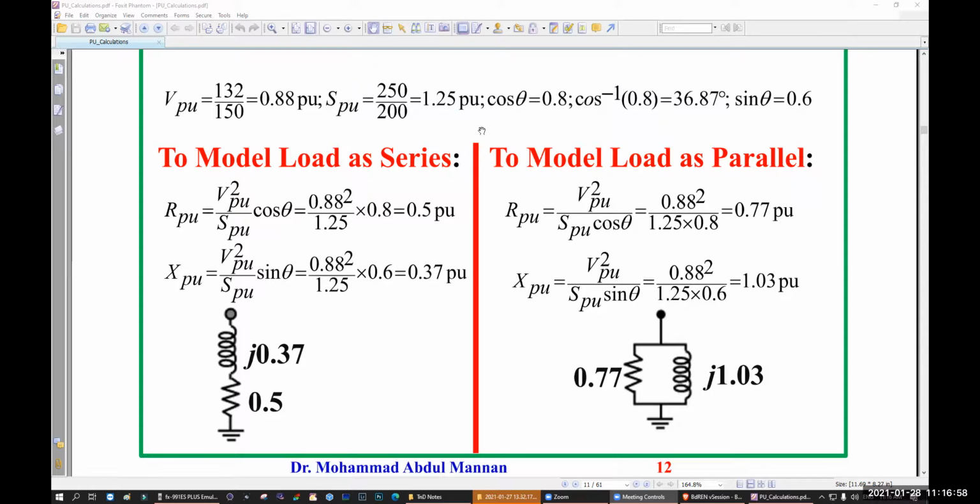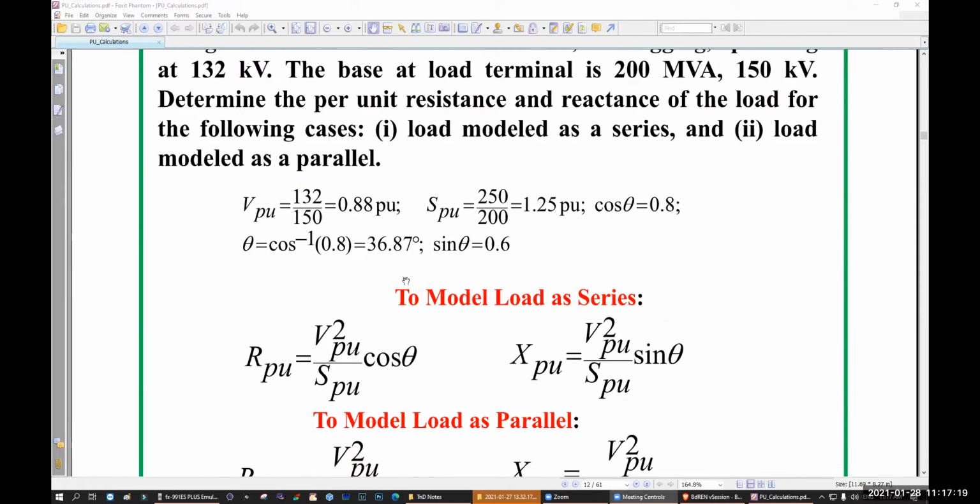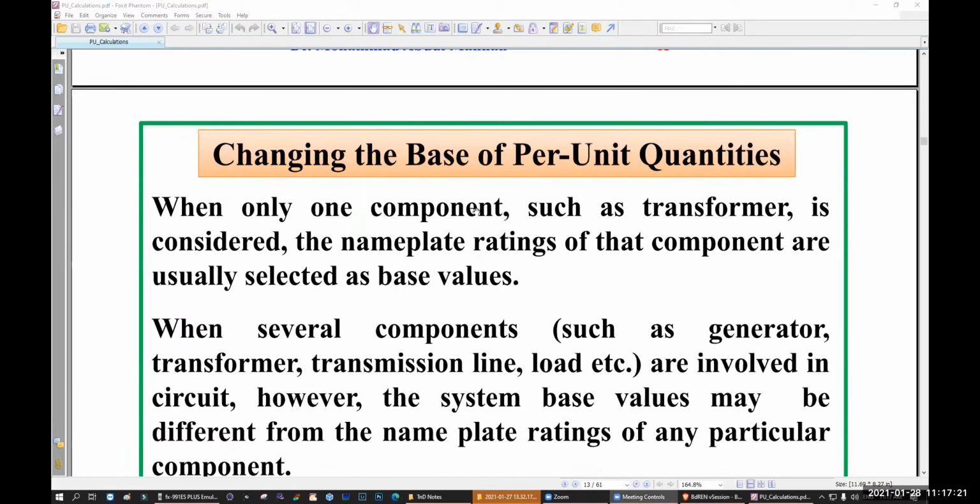Normally, which one is the more commonly used case? Series. Series is most commonly used. Okay, but sometimes it can happen. I'm going to give you parallel, so you have to use cos theta and sin theta at the bottom. So this one is not that important. Okay, not that important.